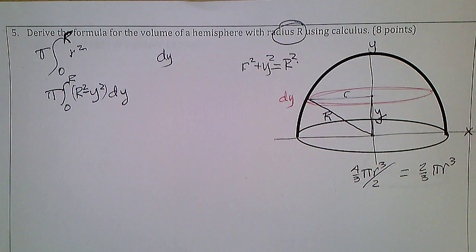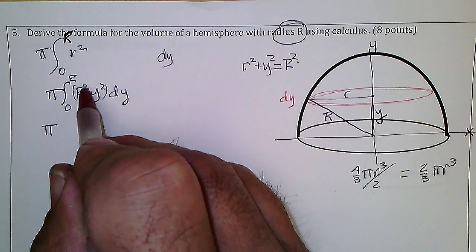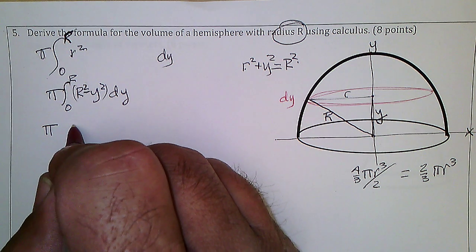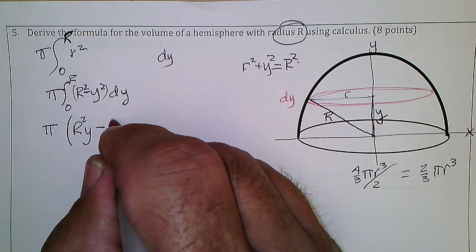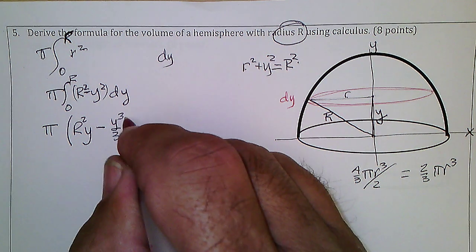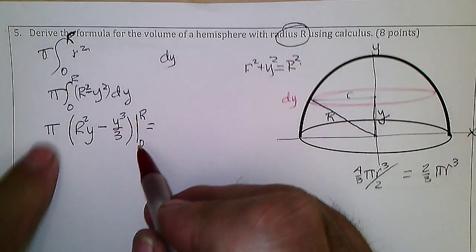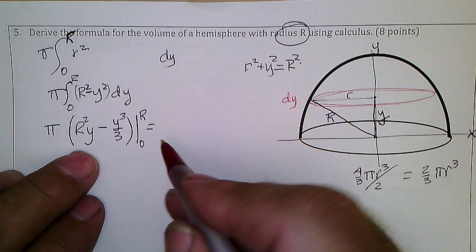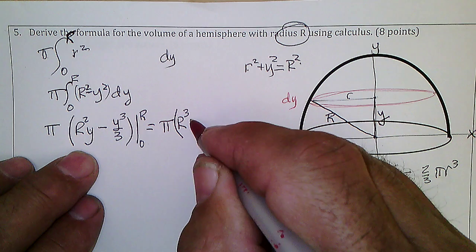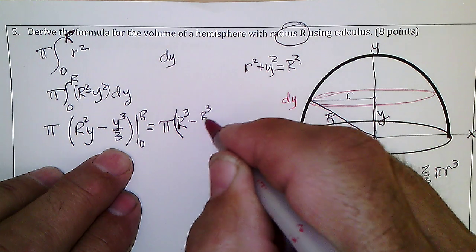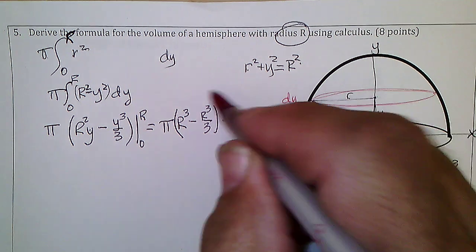Okay, so we have pi, capital R squared is a constant, so when I integrate it, it's R squared y, and minus y squared integrated would be y cubed over 3, evaluated from 0 to R. Put in the capital R, and we get pi times capital R cubed minus capital R cubed over 3 minus, and putting 0 in for the y's here would be 0.